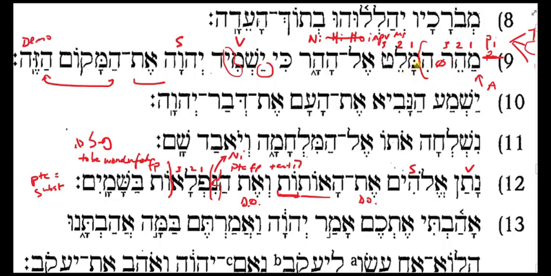Right. So the niphal could incorporate a number of different semantics in the stem. One of them is truly a passive notion, but remember, sometimes the niphal could be reflexive, it could be reciprocal, and then there are some times when it just is purely an intransitive idea.